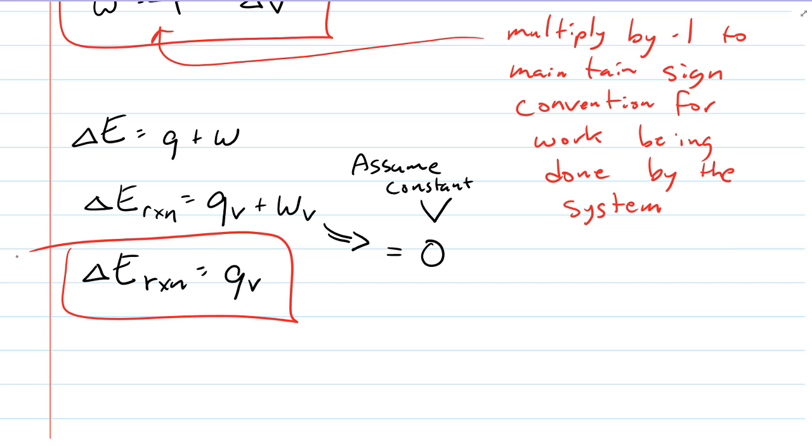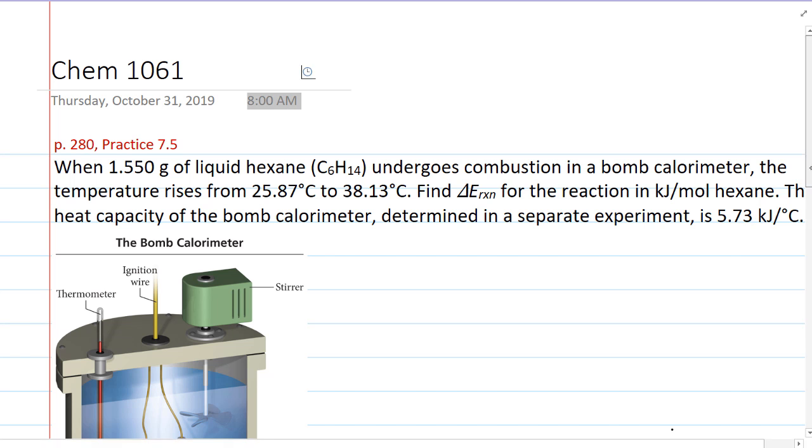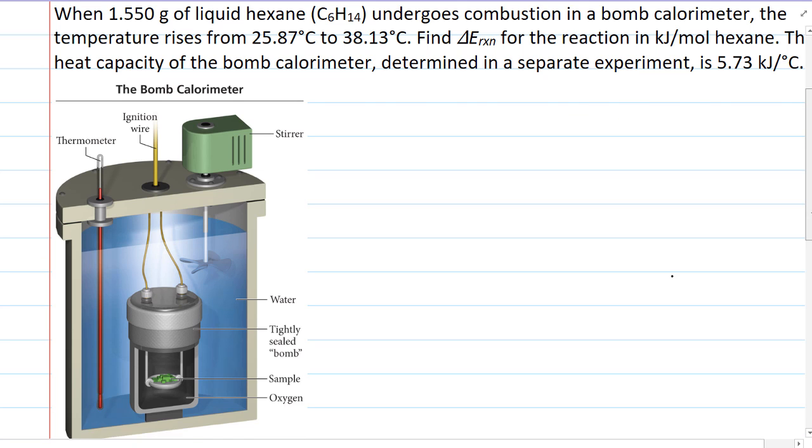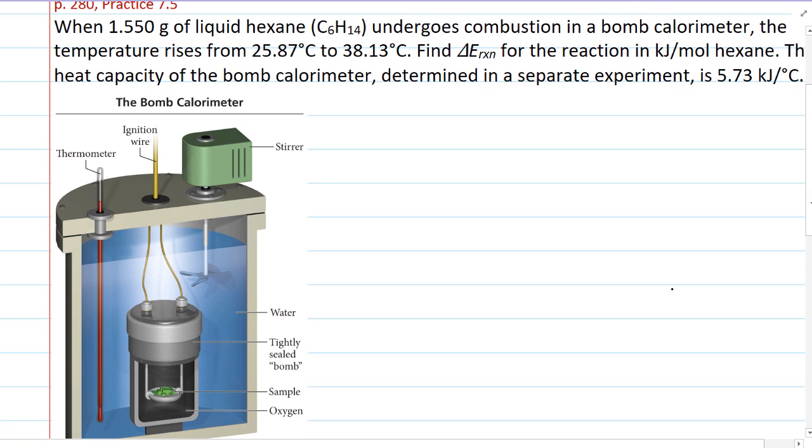We're going to apply this now in some examples, and you'll also be applying this in your lab next week. Let's look at an example, which is in your packet now. We have a few problems that we'll go through today, and we'll bring this with us on Tuesday, to see how we can do some simplifications. This is a device called a bomb calorimeter.